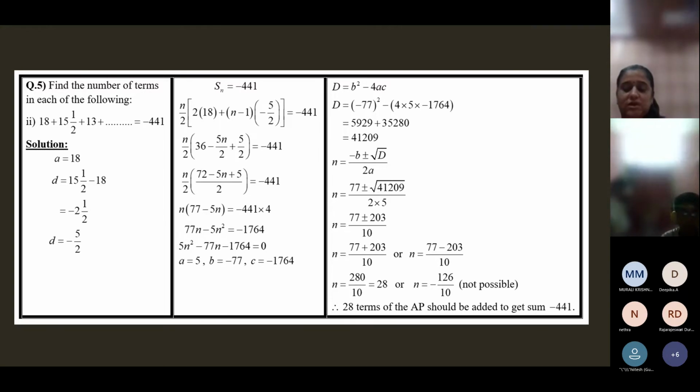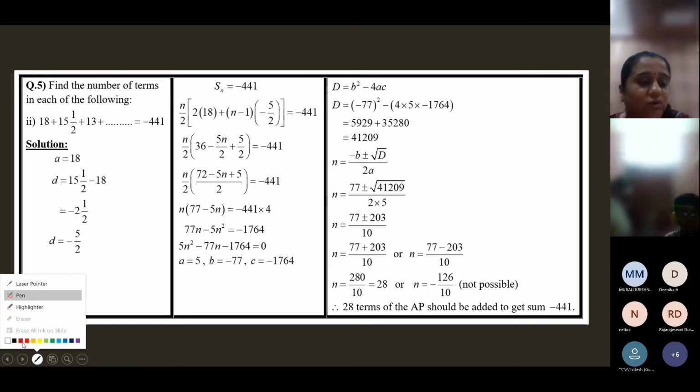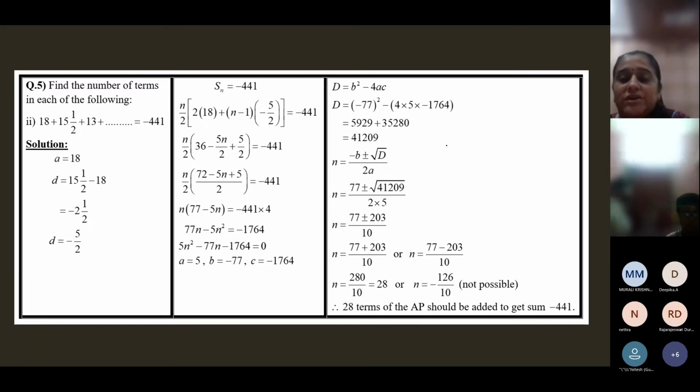Yes, ma'am. Yeah, okay. All right. So children, let me also share that with you. It's better you find the square root, but you can also estimate like this.